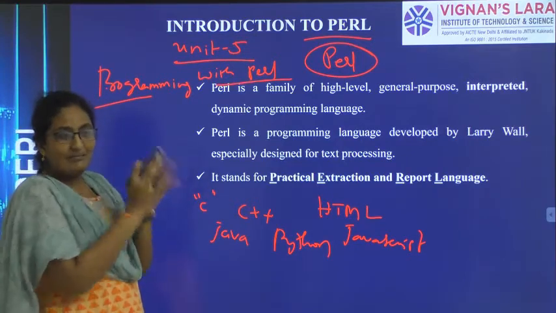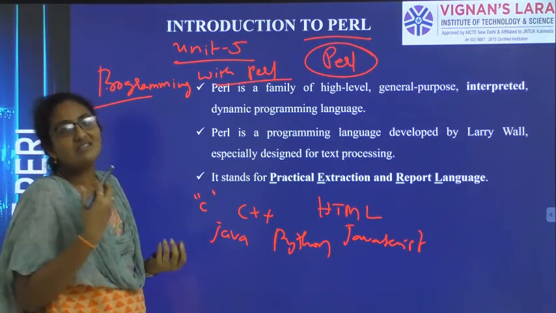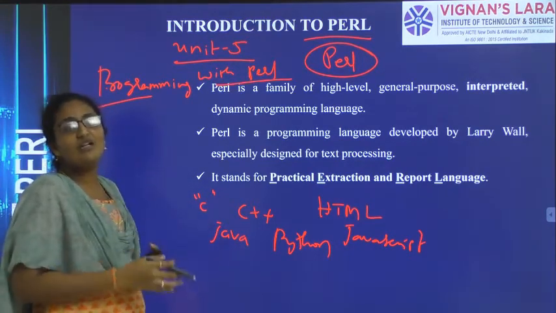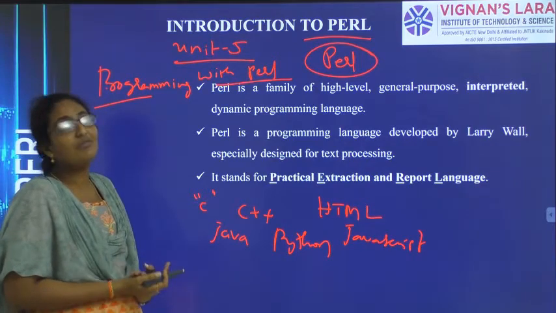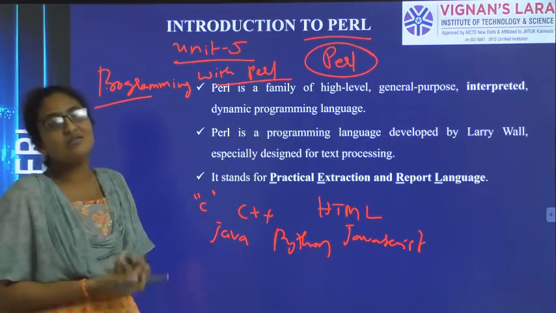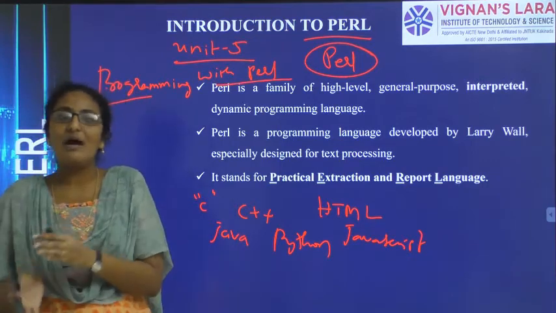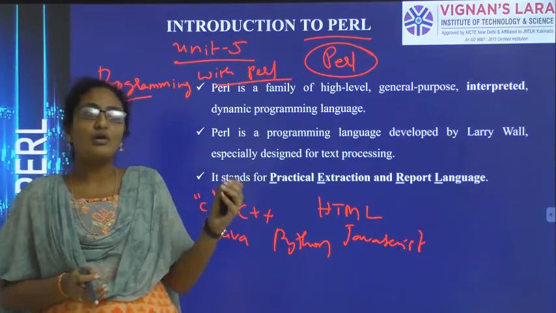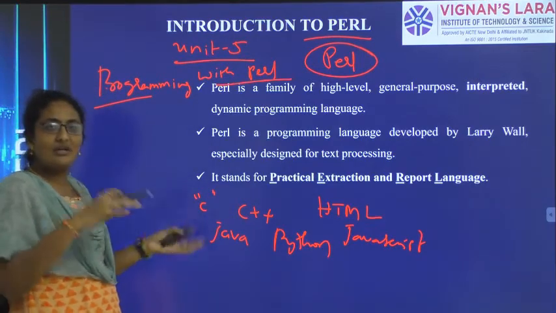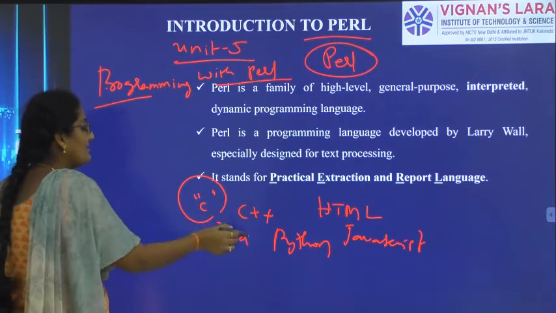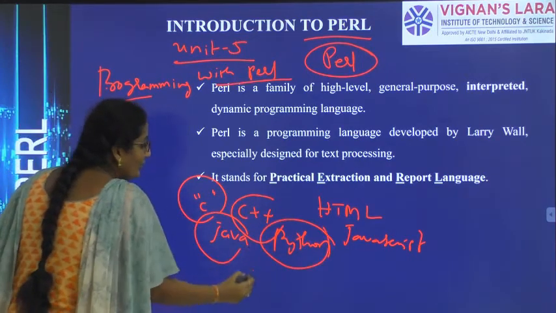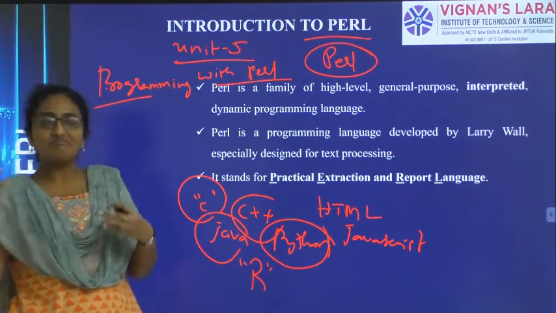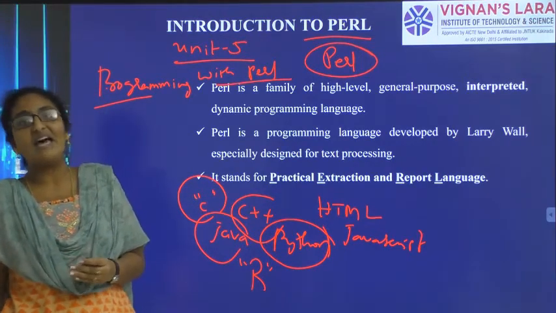We have started Web Technologies with an intention of designing static web pages. For that we have used HTML and CSS. Then we need to validate those static web pages. For that we are using JavaScript. Obviously if you want to add beauty to those static web pages, you are using CSS, cascading style sheets. Before HTML, you know C programming, Java, C++, Python, and R programming also. Now the intention is to create dynamic web pages.